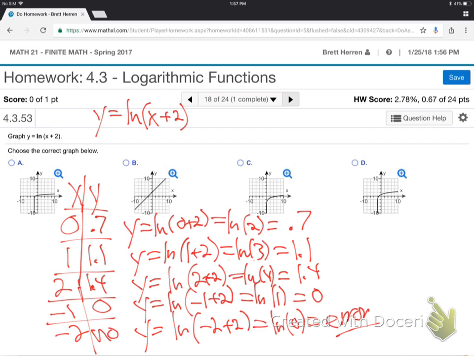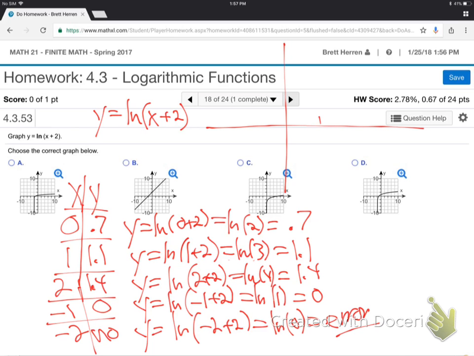Is that okay so far? So I just plugged in some easy numbers: 0, 1, and 2, -1 and -2. And put them on the graph. Okay. And now let's see what our graph looks like.